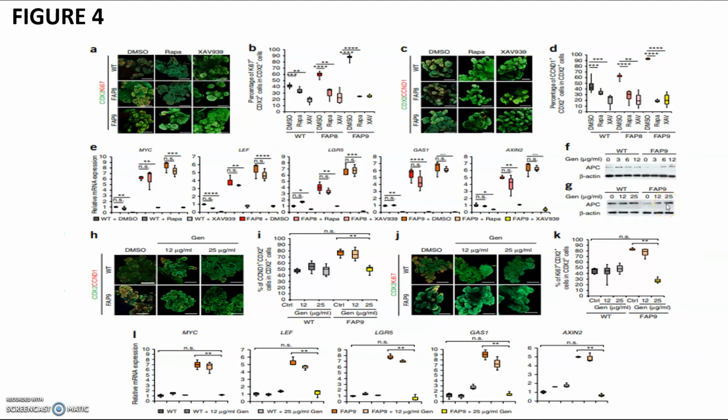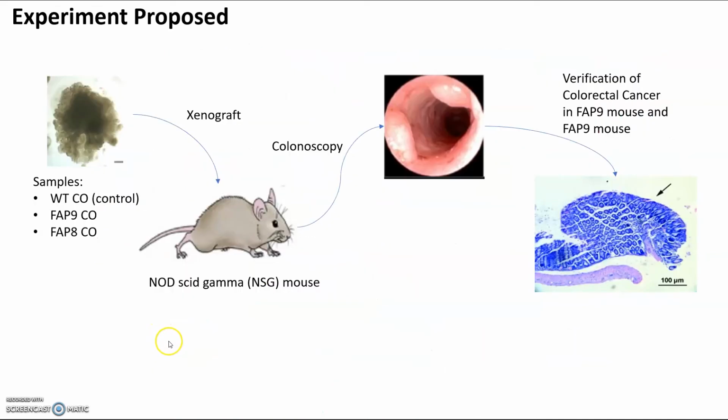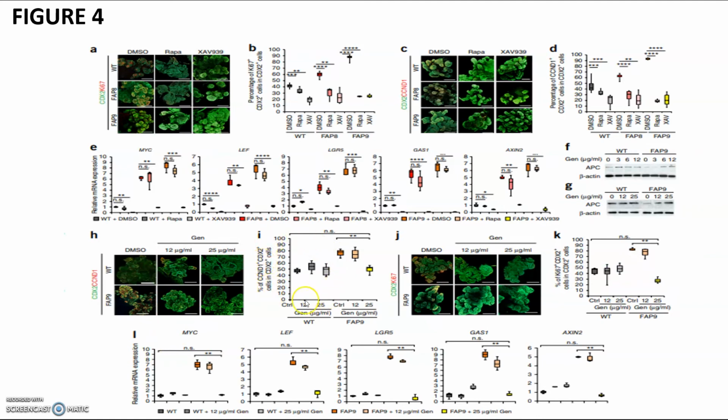So now that we know that geneticin at 25 micrograms per milliliter regains the APC, we should see a negative effect on the Wnt pathway, where we can see that in figures H through L. So we have the wild type and the FAP9, and you can see at this 25 micrograms per milliliter, you have less, which is conducive to the APC being regained.